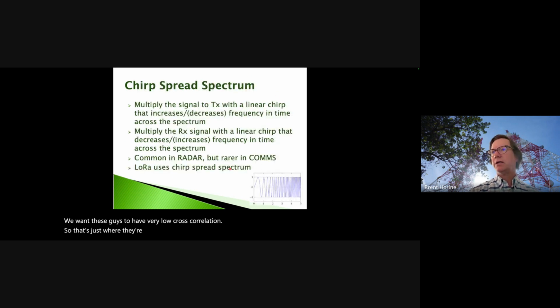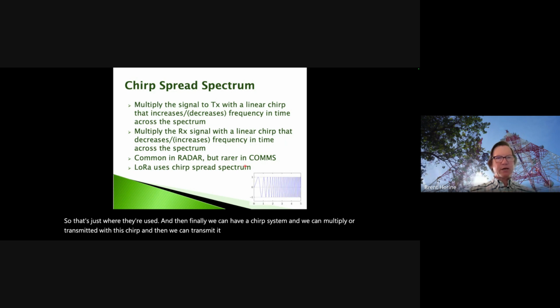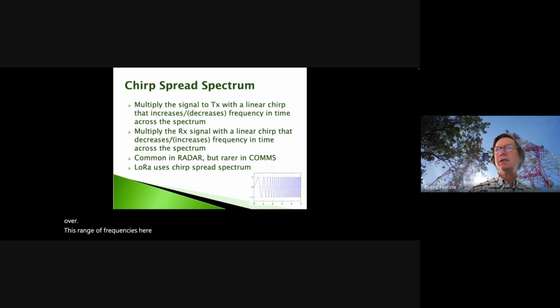Finally, we can have a chirp system, where we multiply our transmitted signal with a chirp, and then transmit it, and that spreads the energy out over this range of frequencies. When we receive it, we multiply by the inverse of this chirp; we just flip it around.